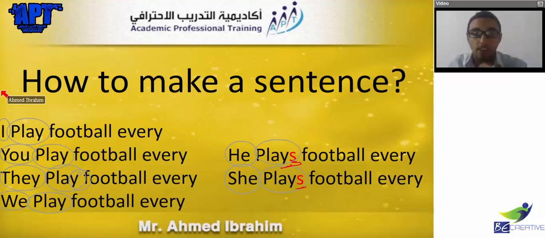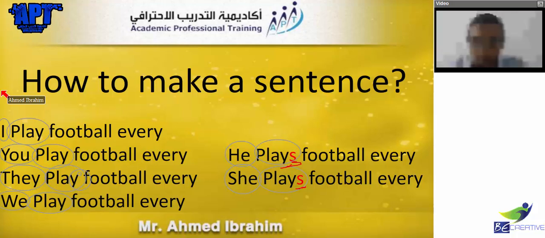So again, to speak in present simple, I just say the one who did the verb and the verb, like I play football every day. I go to the club every day. We travel abroad every year. Where is the trick? The trick is when the one who did the verb is someone singular, I just add an S to the verb, as you can see here.